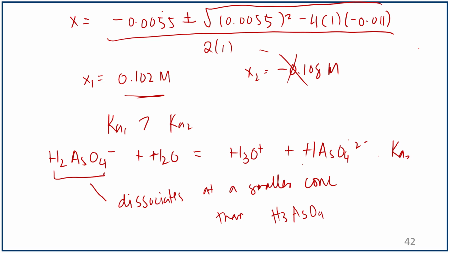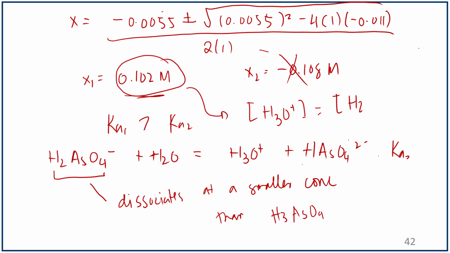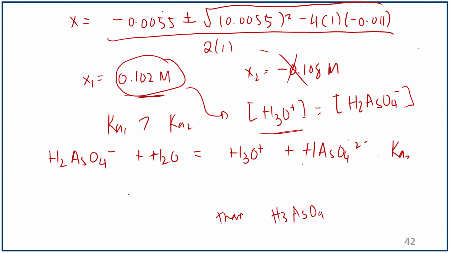So that means that probably this concentration of 0.102, which, remember, corresponds to the concentration of hydronium ions, and that's also equal to the concentration of H2AsO4 minus. So this just means that it's the first dissociation which will ultimately dictate the pH. Okay, and again, H2AsO4 minus just barely dissociates.